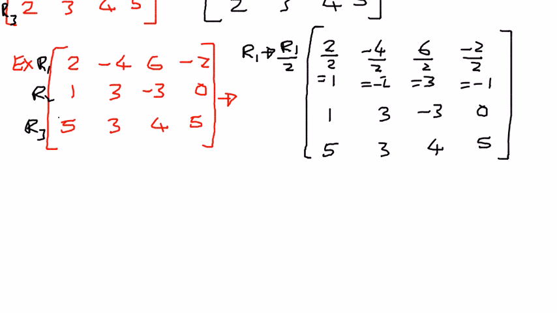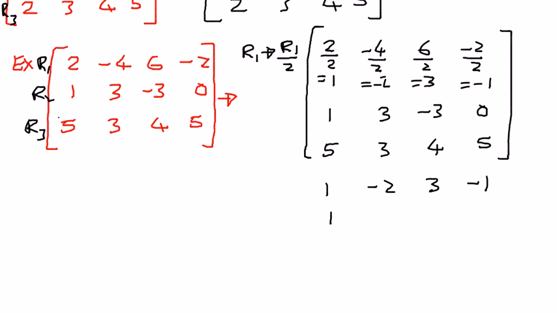Or if we want to write it in a little bit more clear manner, we can also write it this way. The new matrix after dividing by 2: for the first row we have 1, -2, 3, -1.